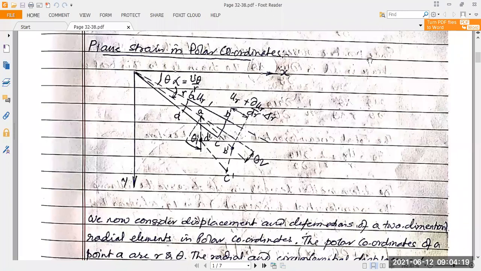And now, for any point somewhere here, you see the distance of that point from the y-axis, the horizontal distance, is defined as the x-coordinate.